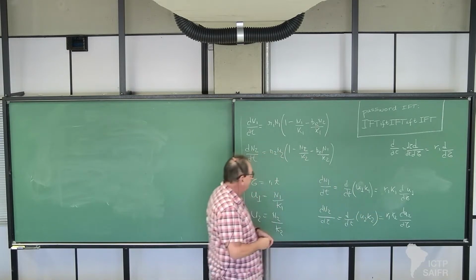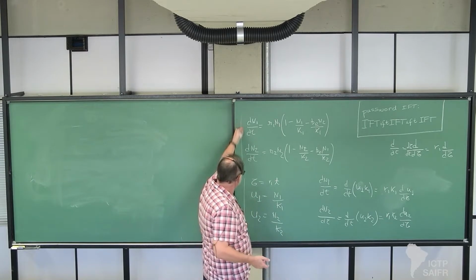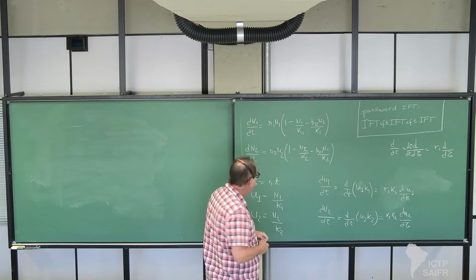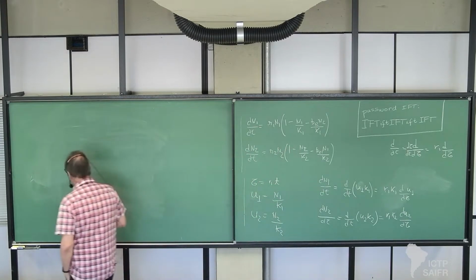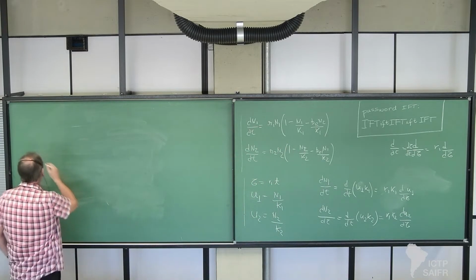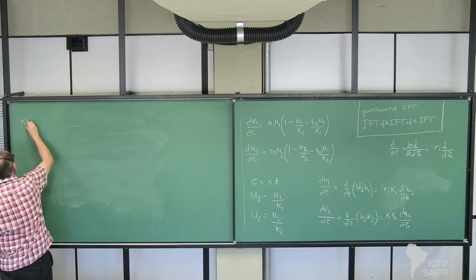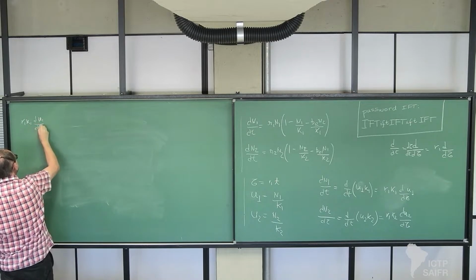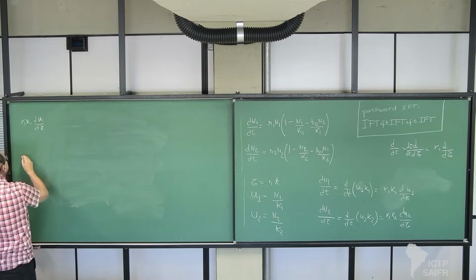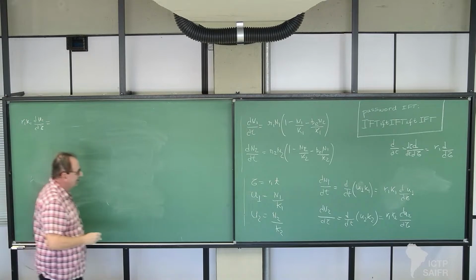Now, that's the left-hand side here. Yet now we have to calculate the other line. So I will transpose the result here: r1 k1 du1 d tau. And let's start with the first one.